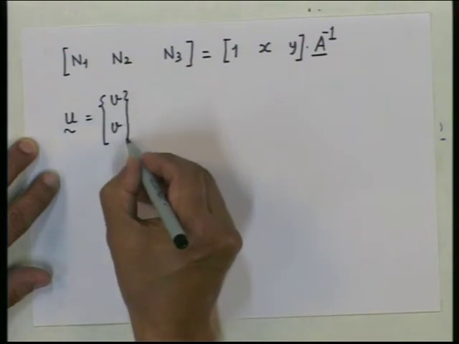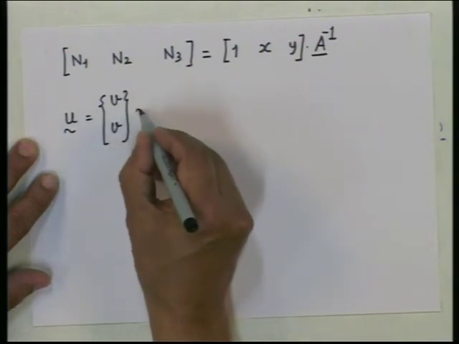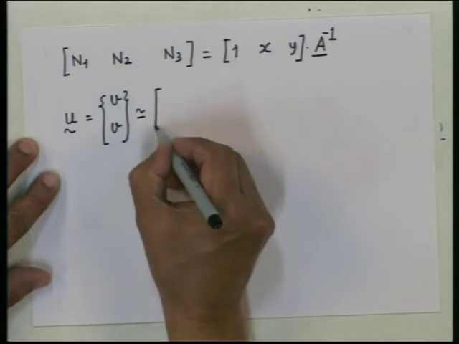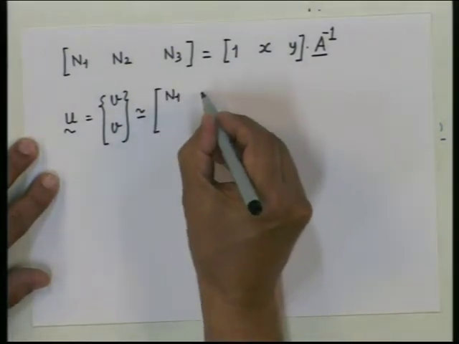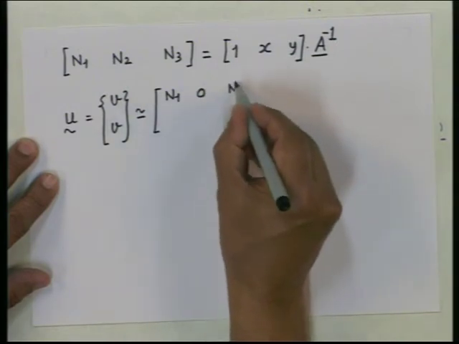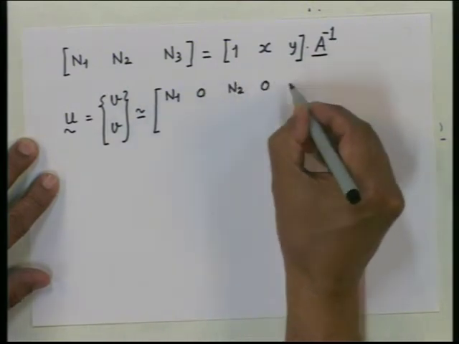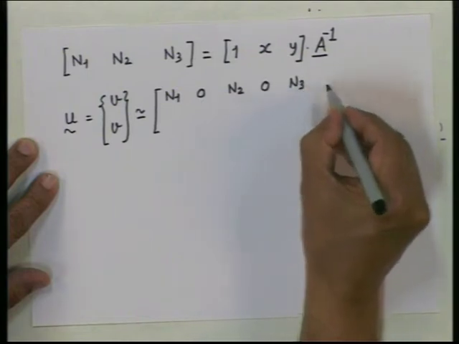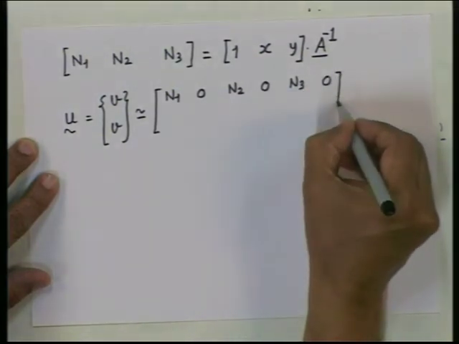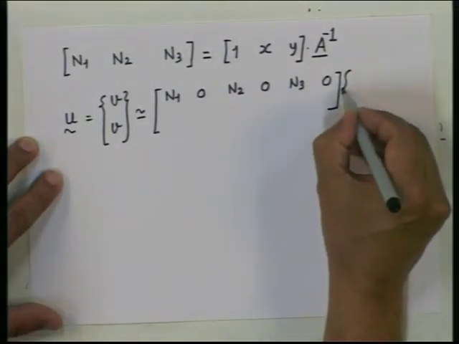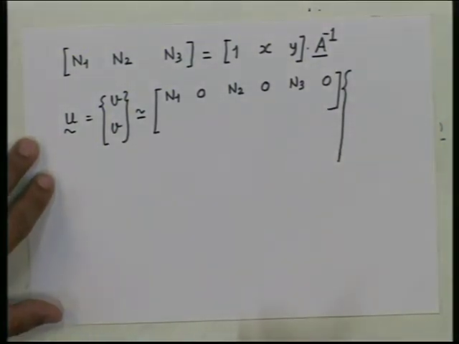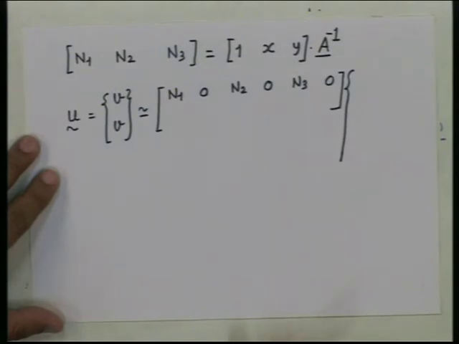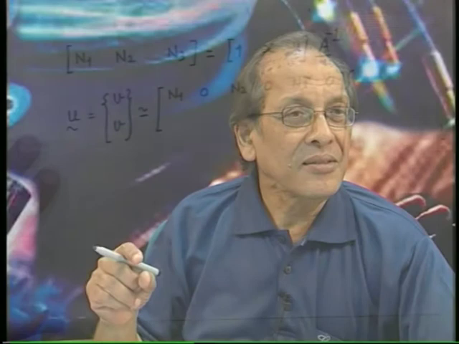We always write down our displacement as... See, there is a convention: whenever we go from node to node, we usually write down all the degrees of freedom that exist at a node together.